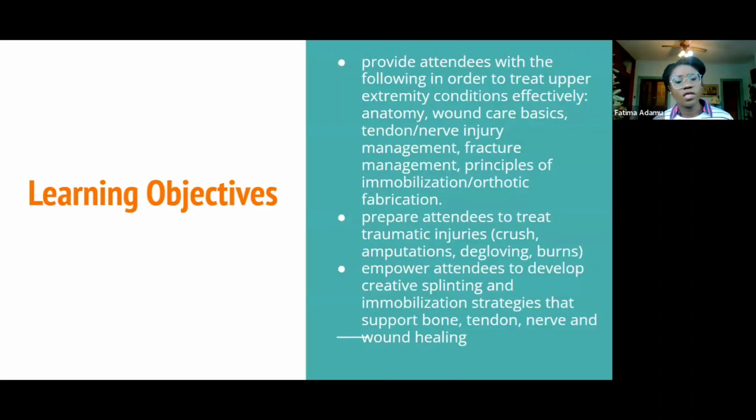I didn't want to assume that you would have access to regular thermoplastic materials in an area where there's not a lot of access to many supplies. So I tried to focus on the essential principles and basic biomechanical and anatomical ideas that you want to keep in mind when treating these conditions.